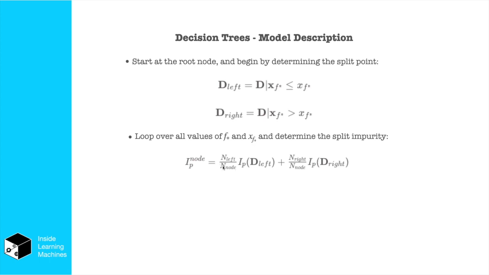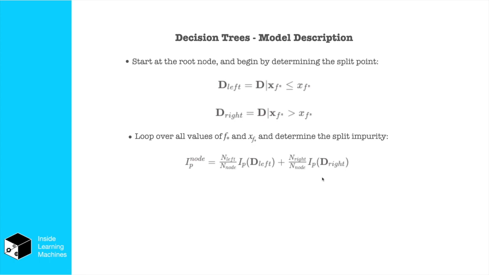And when I talk about the number of rows, I'm talking about the number of rows in D, so the number of rows in the data at the node, multiplied by IP. Now this function is an impurity function that has a single input, which is the data matrix that has arrived at the node. So in this case, it is D left. And we add to that the proportion of samples that have been allocated to the right, and we multiply it by the result of this impurity function again.